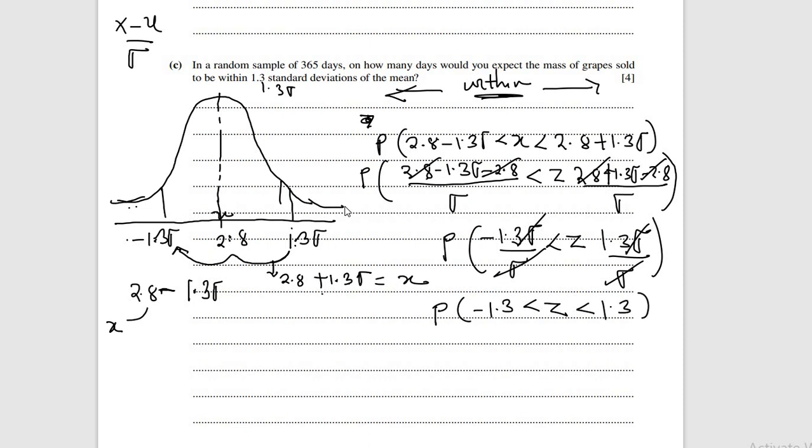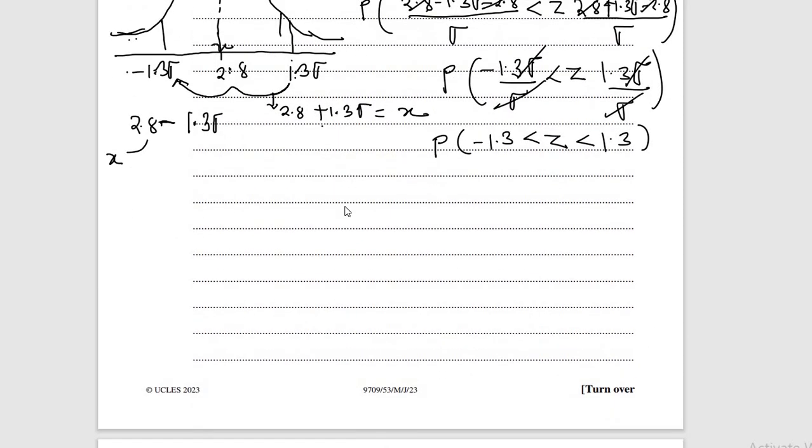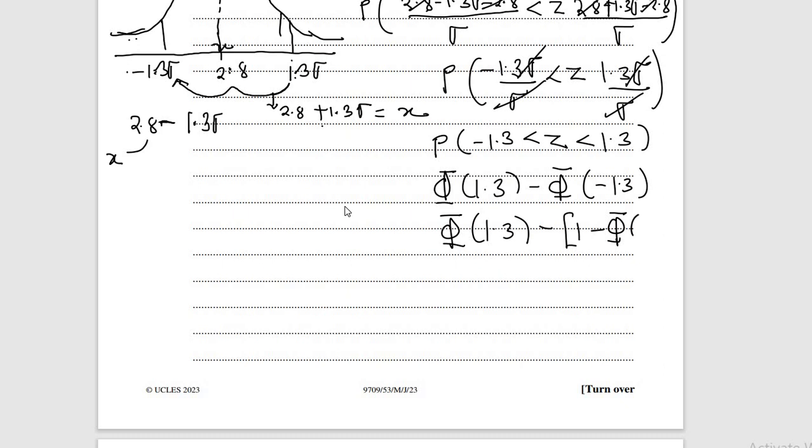If you have been following the question from the beginning, you've come across this means phi of 1.3 minus phi of minus 1.3. Phi of negative means 1 minus phi of the positive of that number. So at the end of the day, we have phi of 1.3 minus 1 plus phi of 1.3.